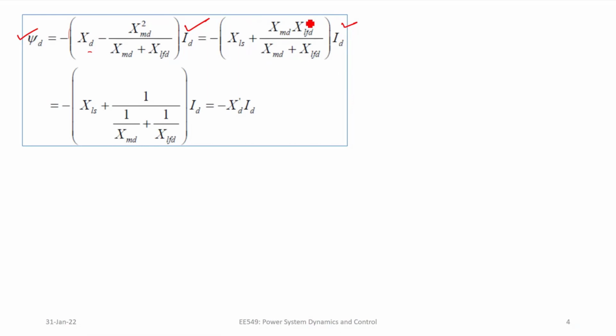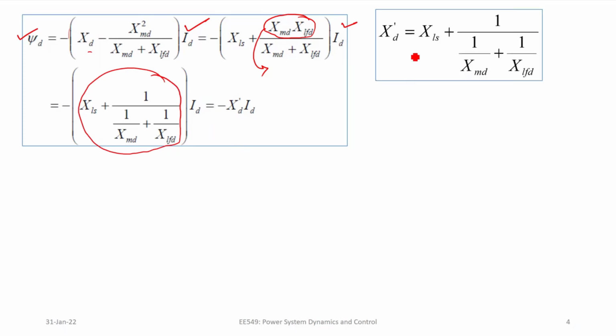So then just by taking this numerator term to the denominator, dividing it, we'll get minus of xls plus 1 by 1 upon xmd plus 1 upon xlfd into id. So that is equal to minus of xd dash id. So this whole term is xd dash, that is transient reactance, d-axis transient reactance.